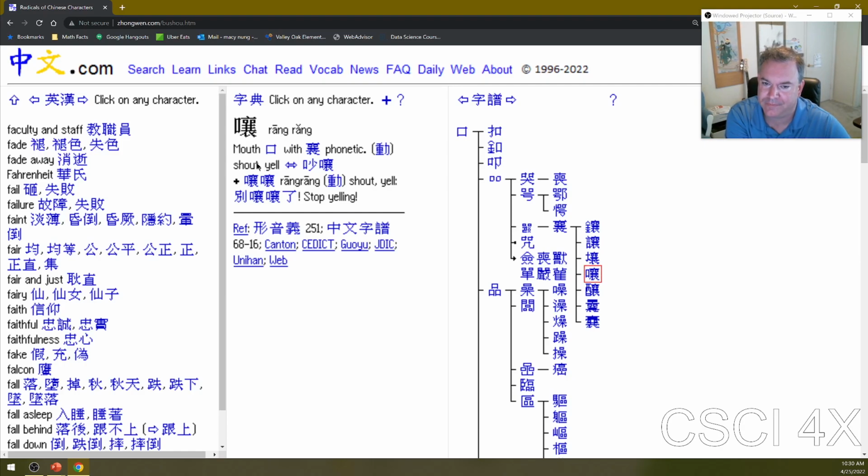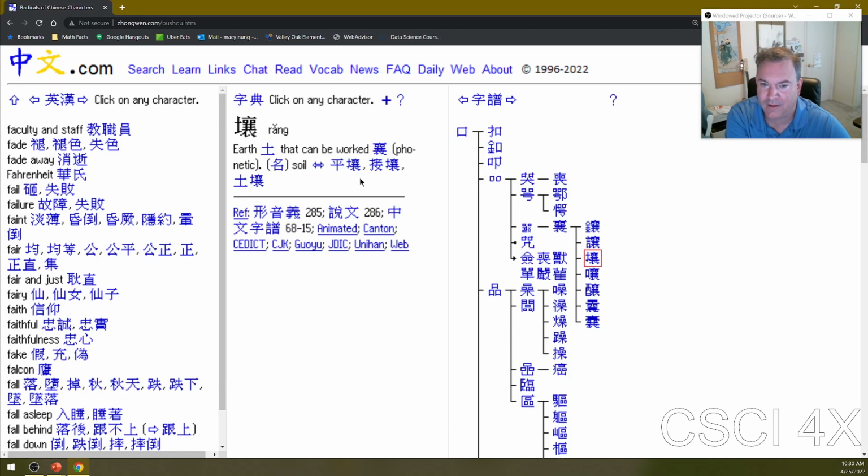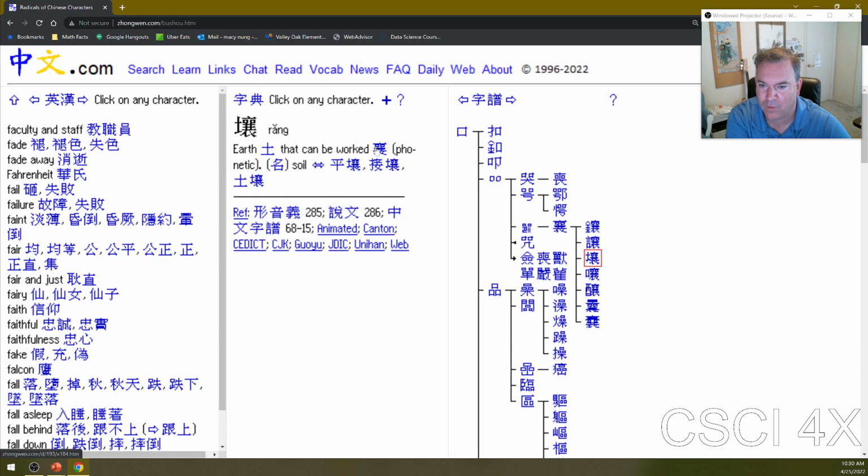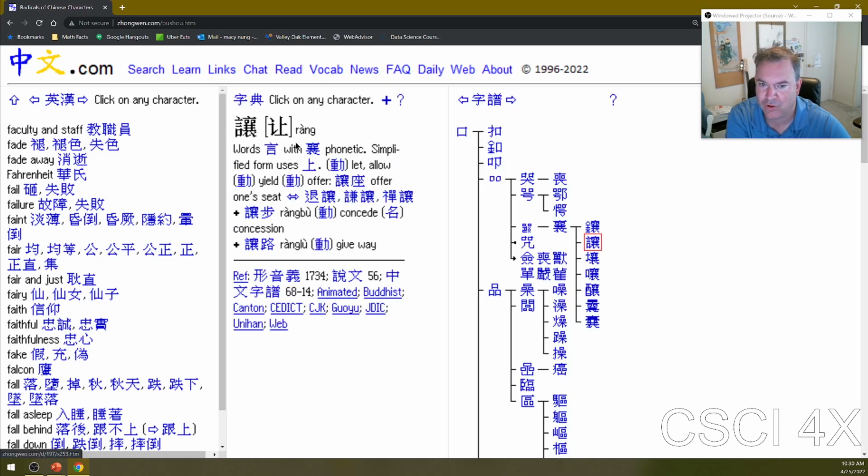So, you see you got the mouth radical here. That's to shout or to yell. This one is the earth radical. So, okay, you see that one comes from here. So, earth with work becomes soil. And then this is the language radical here with manager.